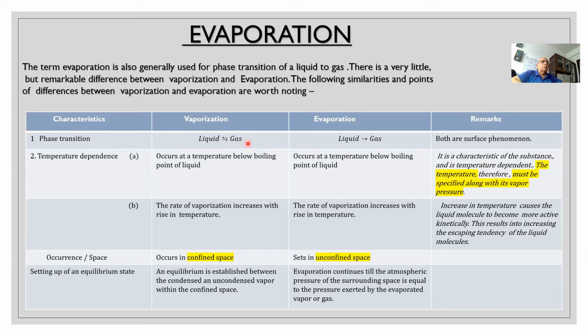Liquid is converted to a gas, but an equilibrium may be established after some time. And here also liquid is changed to a gas. Both are surface phenomena. But this occurs in an unconfined space, open space, not closed. And this occurs in a confined space.